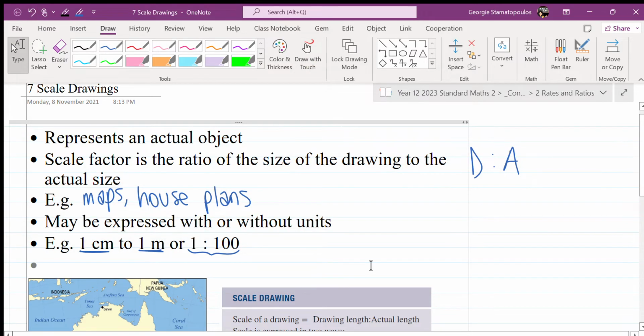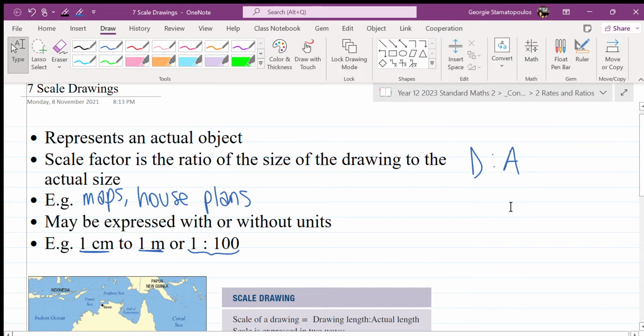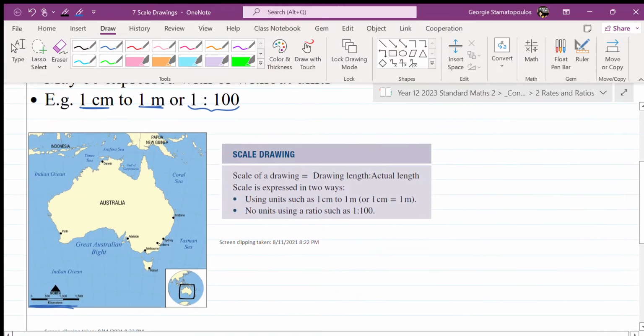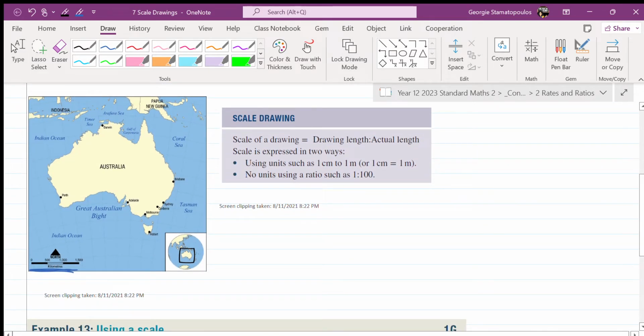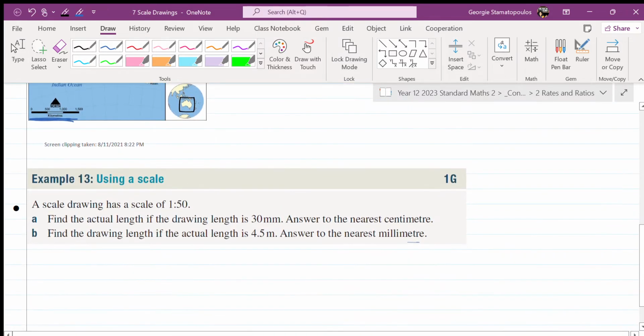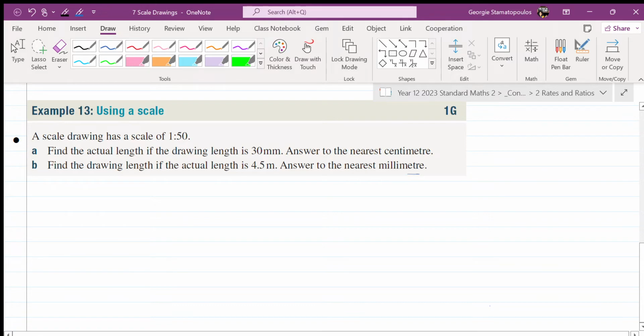If we look down here, we've got the drawing to the actual length, and we can look at our example. We've got a scale drawing with a scale of 1 to 50.